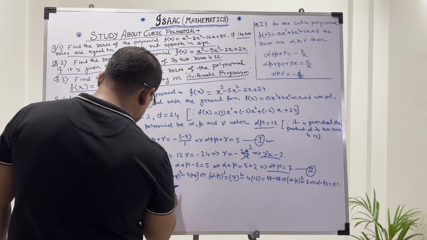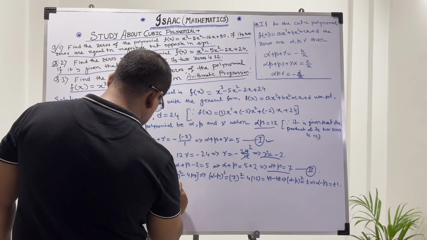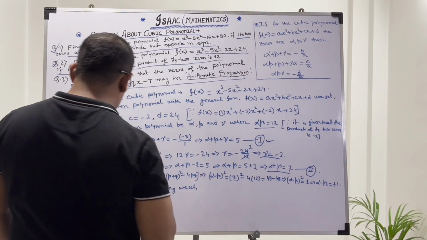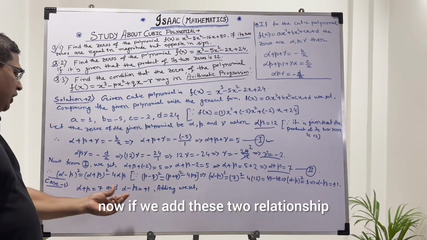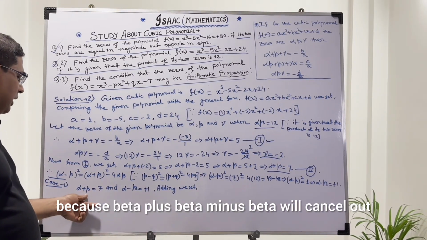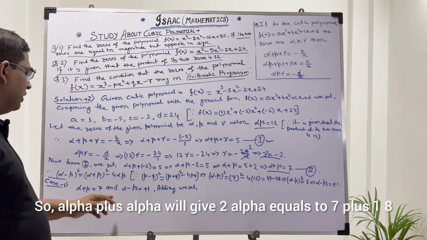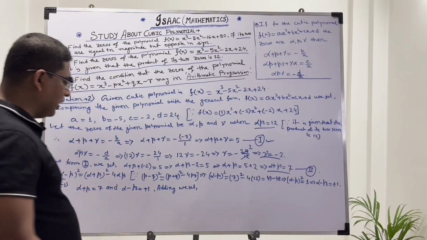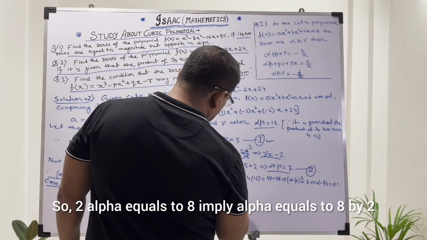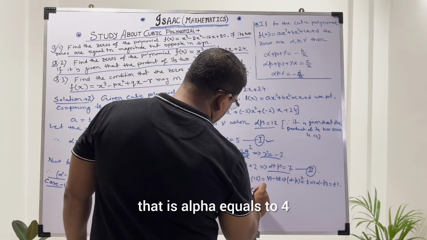Adding, we get, now if we add these two equations, beta and minus beta will cancel out. So alpha plus alpha will give 2 alpha equals 7 plus 1, 8. So 2 alpha equals 8, which implies alpha equals 8 by 2, that is alpha equals 4.